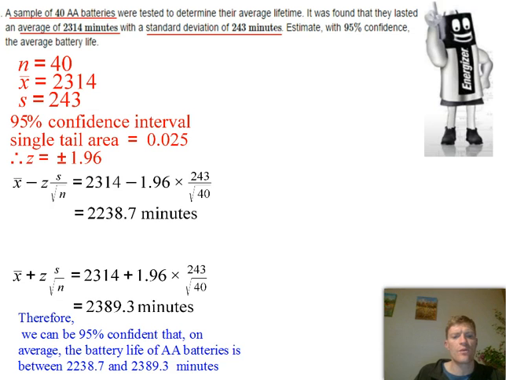We can say, therefore, we can be 95% confident that, on average, the battery life of AA batteries is between 2,238.7 and 2,389.3 minutes. Okay, there's our confidence interval, and the actual population mean for all the AA batteries lies within this lower bound and upper bound.